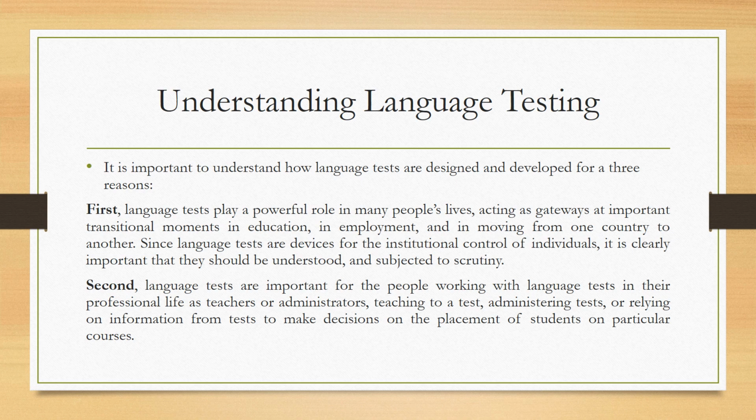Some institutions, when they have courses, for example for teaching English as a foreign language, first of all make a test for the candidates, for the students who want to join these courses, because the scores that the students get in these tests will determine which level they are on.